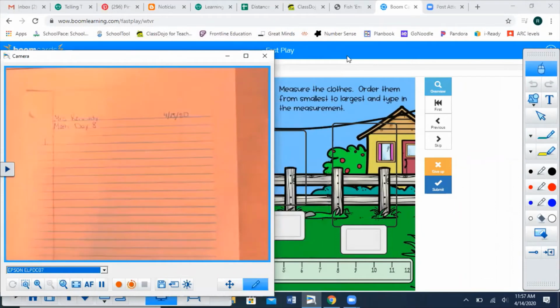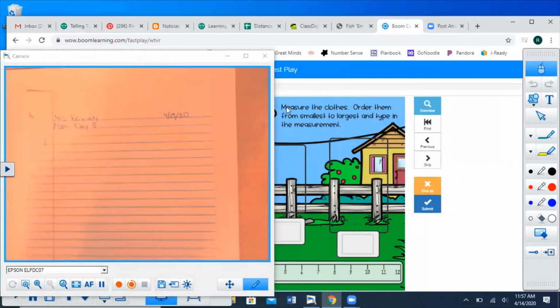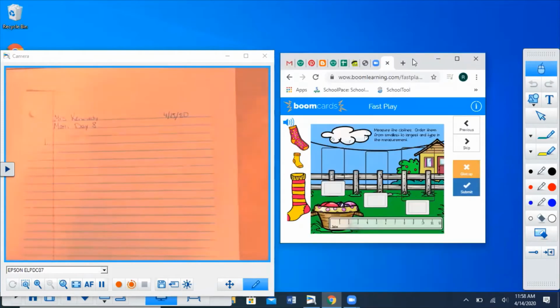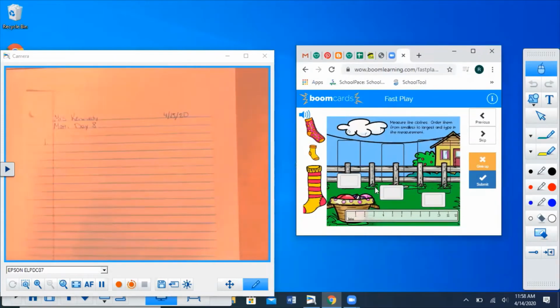I don't think this will move over, will it? Maybe it can. Oh, look at that. I got close. Oh my goodness. Okay. What we're going to do is you're going to have this on your computer screen, and then you'll have this with you.